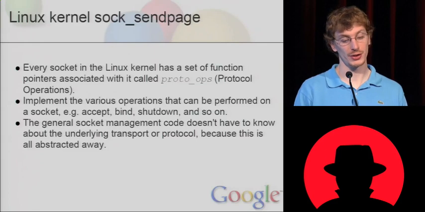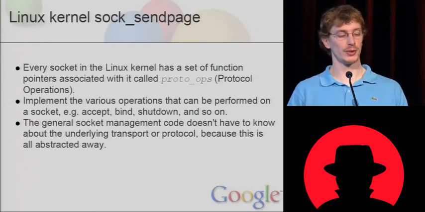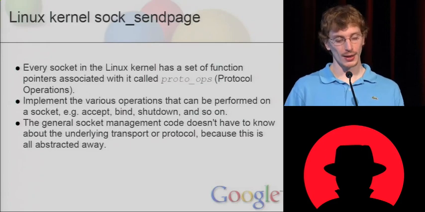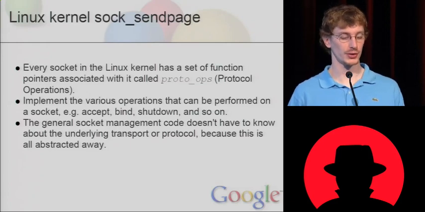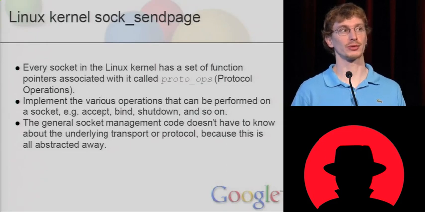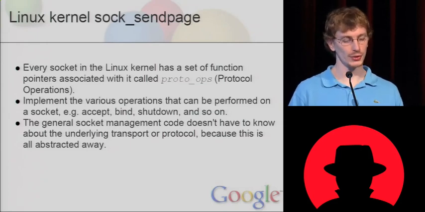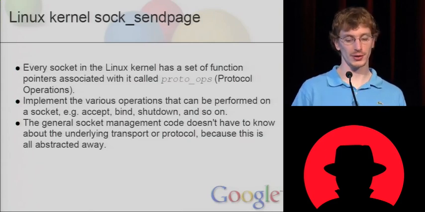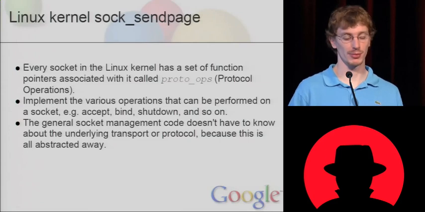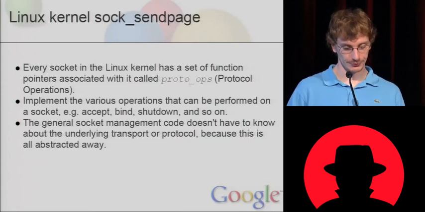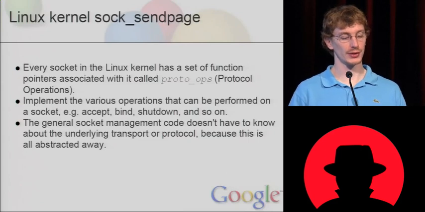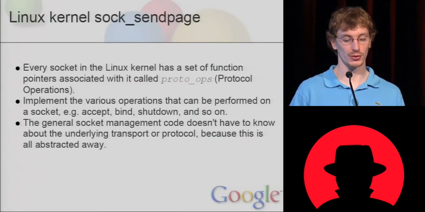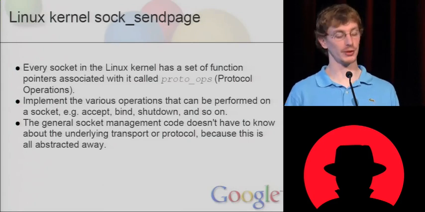The way it works is, every type of socket in the Linux kernel has a set of function pointers associated with it called proto_ops, which stands for protocol operations. Those protocol operations implement the various operations that can be performed on a socket, such as accept, bind, shutdown, etc. Thanks to this, the general socket management code doesn't have to know about the underlying transport or protocol, because everything is abstracted away.